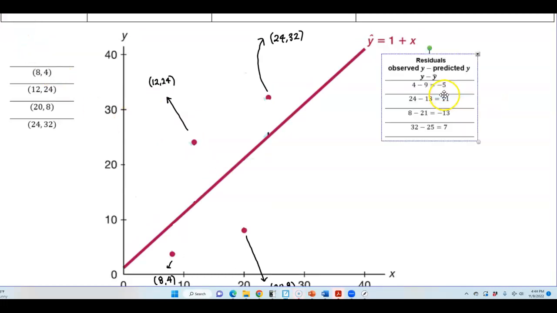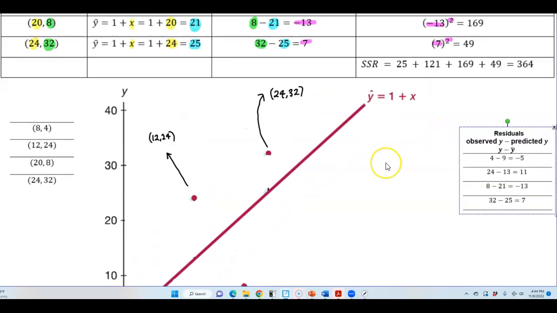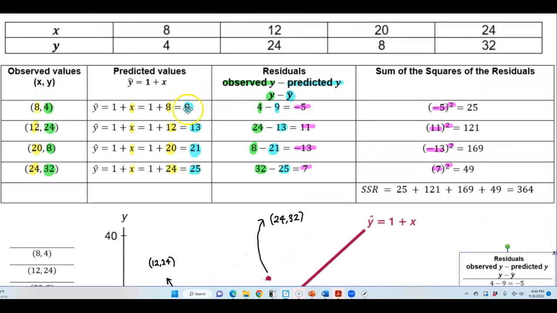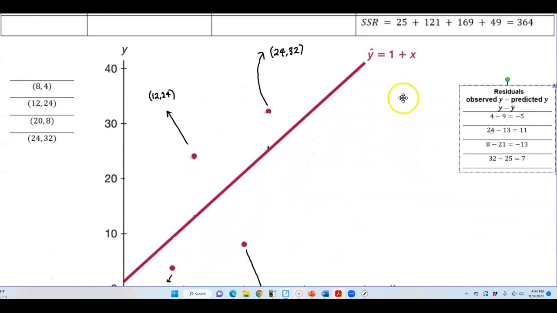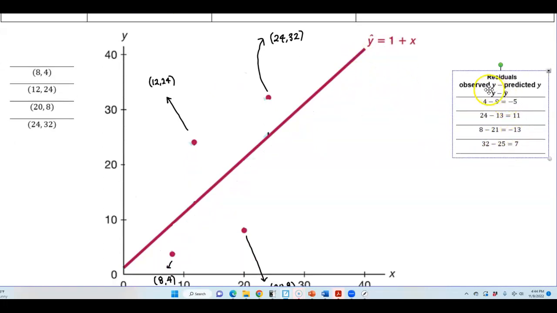So let me go ahead and copy the residuals over here, and this is what we found in the table. Now I want you to notice that we have our ordered pairs, and then we have this line that represents the regression line in the second column, which is the predicted values. Now we want to take a look at the residual of -5.